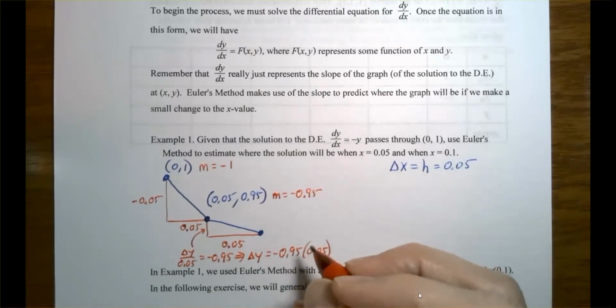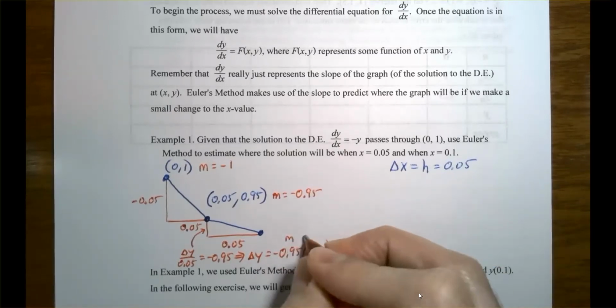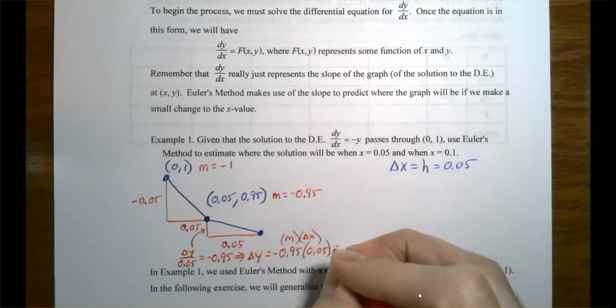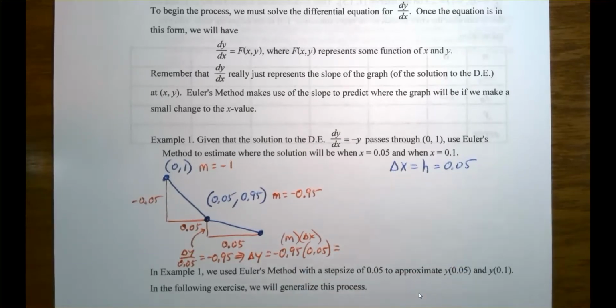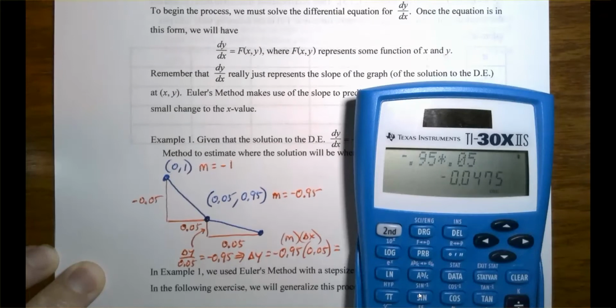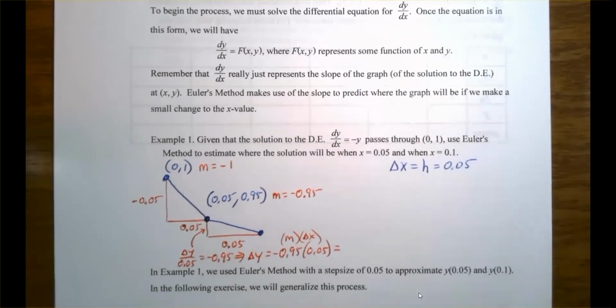Notice that this is really just the slope times my delta x here. That's really what I've got. The -0.95 was the slope, the delta x was 0.05. That gives me my change in y. And so that will equal -0.95 times 0.05, -0.0475.